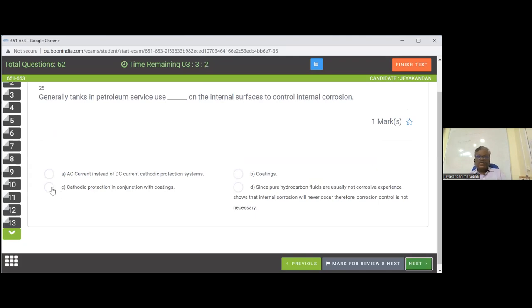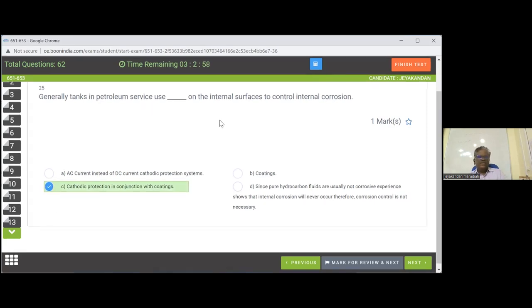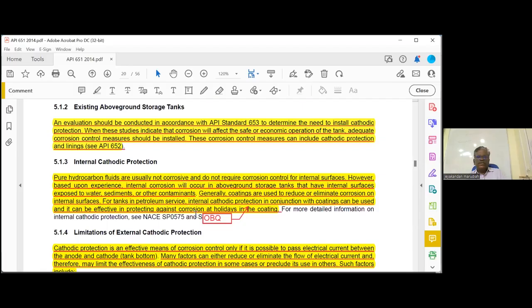So cathodic protection in conjunction with coatings. Okay, where is it given? Generally, for tanks in petroleum service, internal coating, cathodic protection in conjunction with coating can be used. That is the one. Marked already.